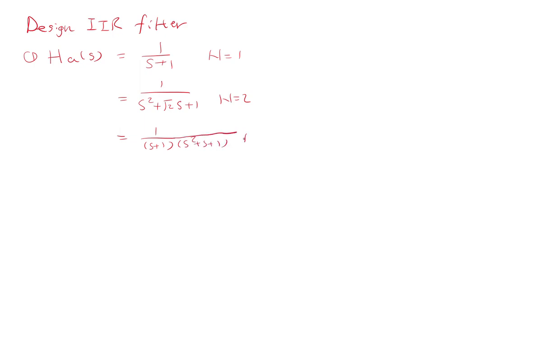You can imagine that the transition for different order are different. The higher order ones have a faster transition. So based on some criteria, then you can select what kind of filter you want.